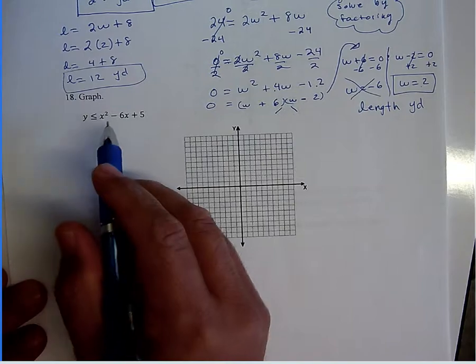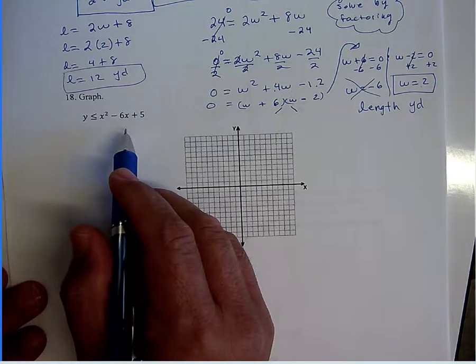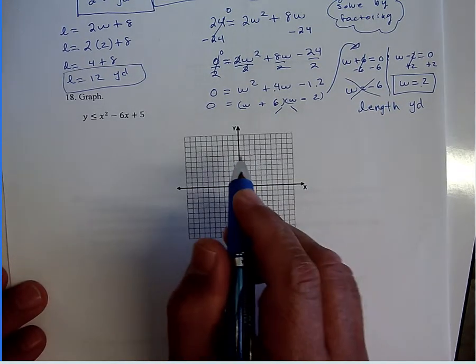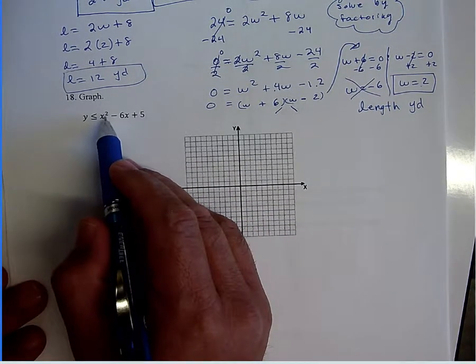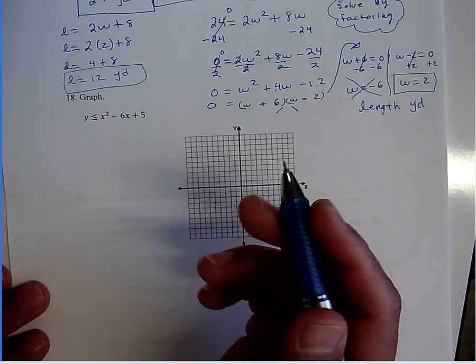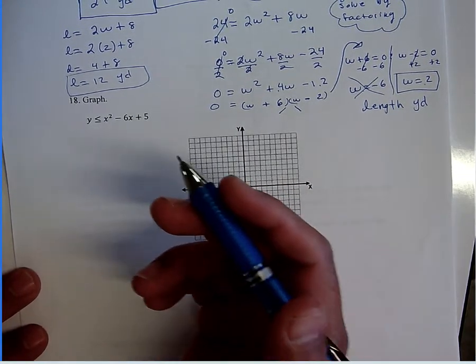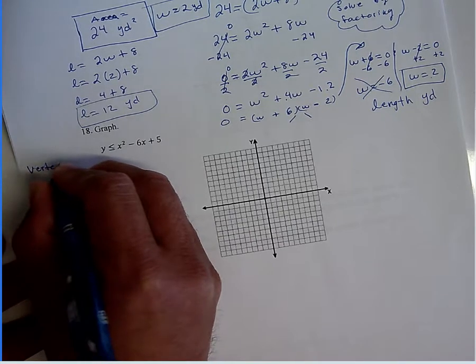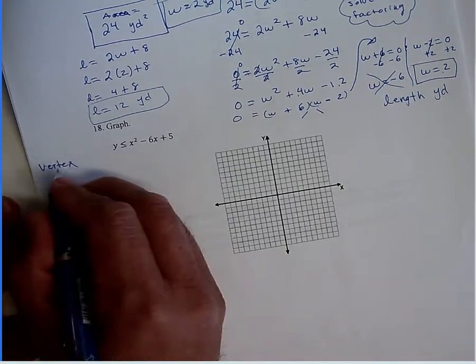So the first thing you need to do, because they want us to graph this, so we need to find, and you know it's a quadratic. So to graph a quadratic, there are different ways of doing it. You can find the vertex. That would be one thing we need.